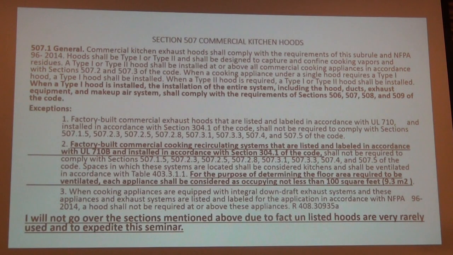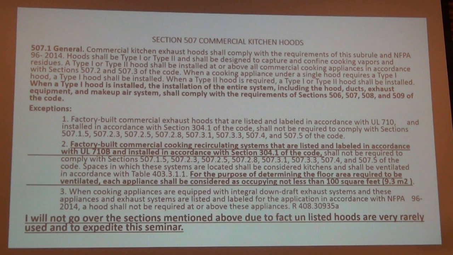Because what we're doing here in the prologue of the ventilation code, the whole thing is it's steam, grease-laden vapors, products of combustion, and the last thing that it has to control is heat.